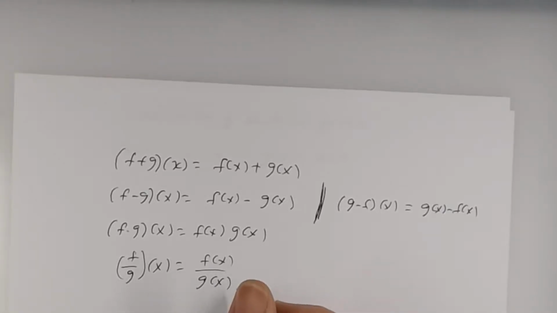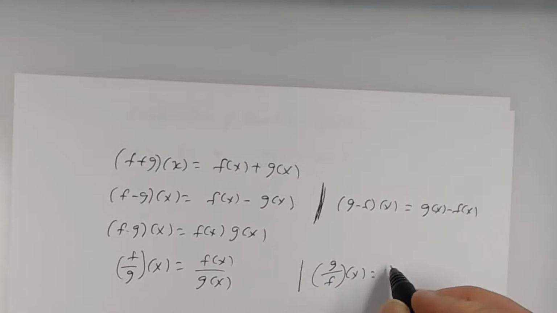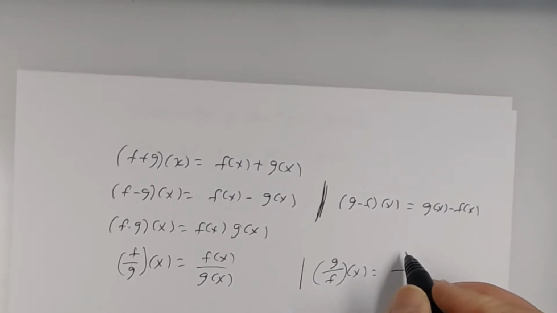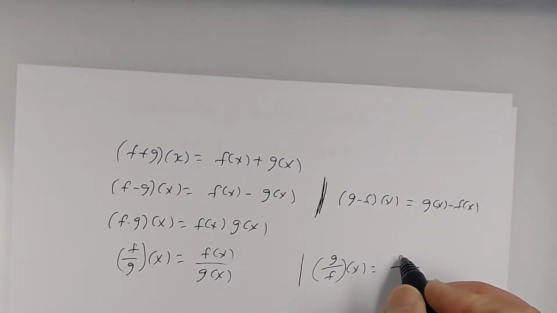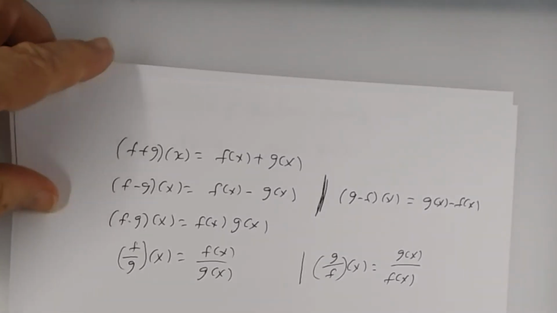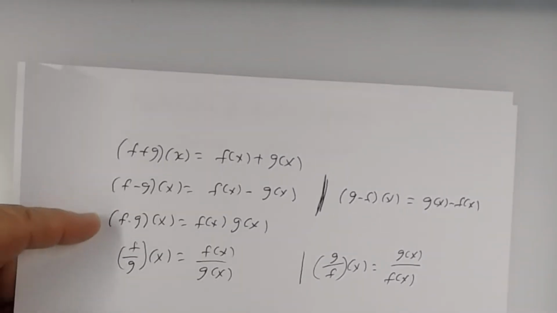Division is not commutative. And it kind of makes sense because if you had g divided by f at x, then what's going to be in the numerator this time? G of x. And what's the denominator? F of x. Okay. So knowing these definitions is going to help you with what we're about to do.